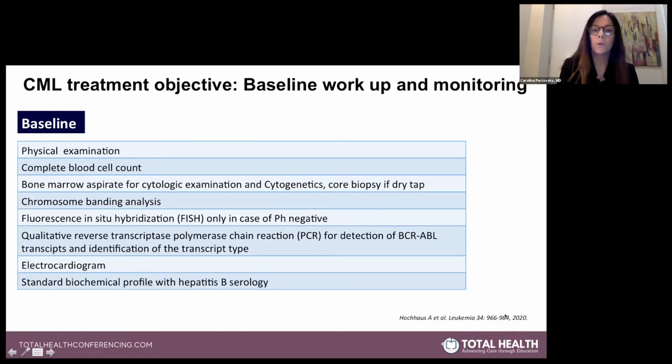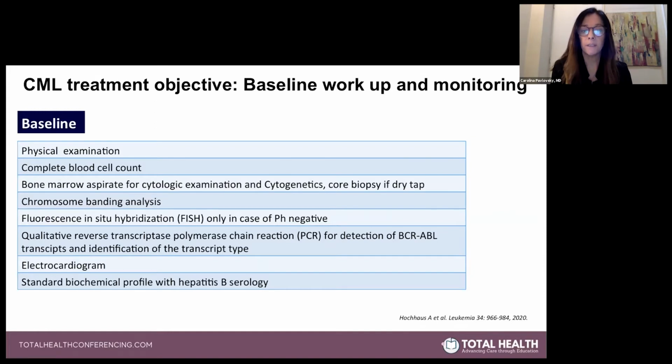So the baseline work-up when you are in front of a recently diagnosed patient is, as ELN recommends, to make a physical examination, complete blood counts, the bone marrow aspiration, which is very important, with the cytogenetics and the core biopsy. Importantly also, and it's what is going to define the diagnosis, the chromosome banding analysis.